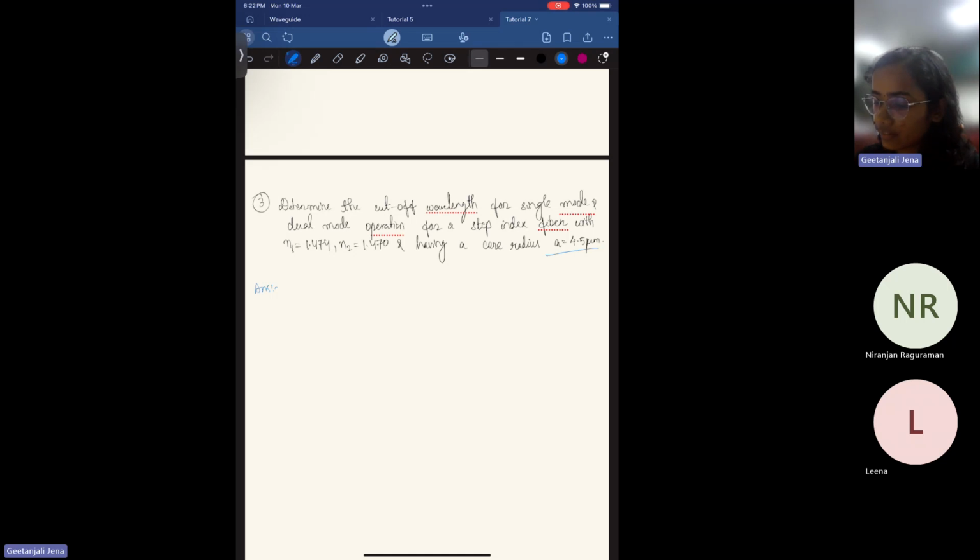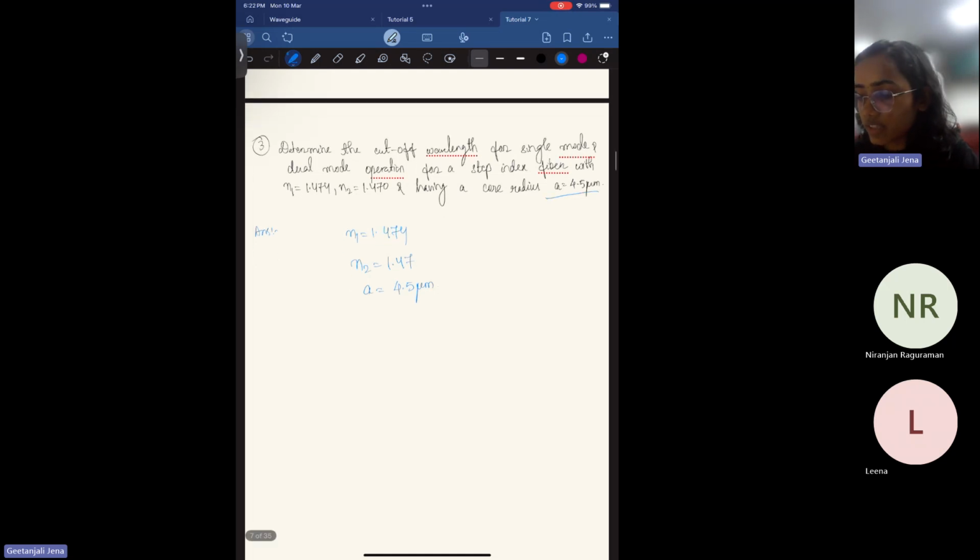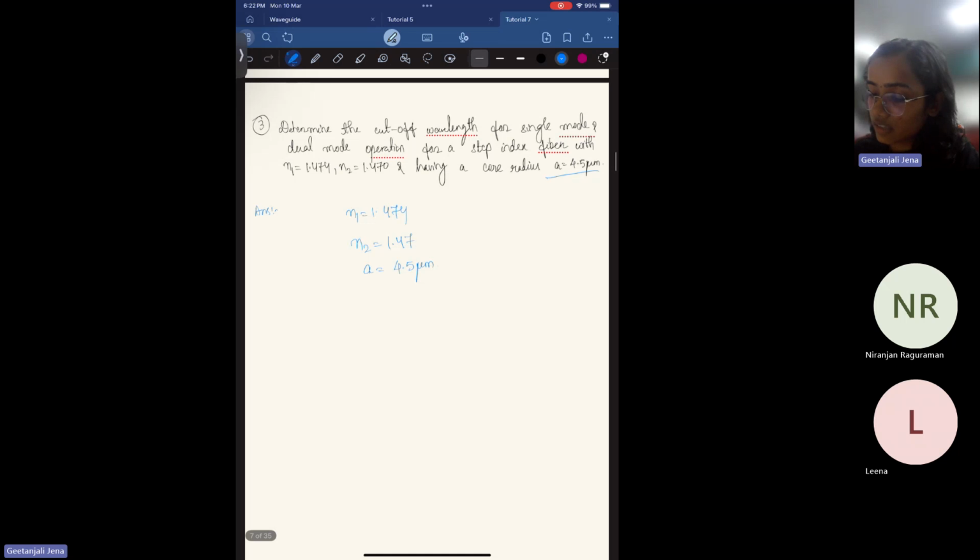So we have N1 1.474, N2 is 1.47 and the core radius is 4.5 micrometer. So whenever you are trying to solve this kind of question, like the cutoff condition and the cutoff wavelength, the cutoff value, don't mix up the planar waveguide with the step index fiber.